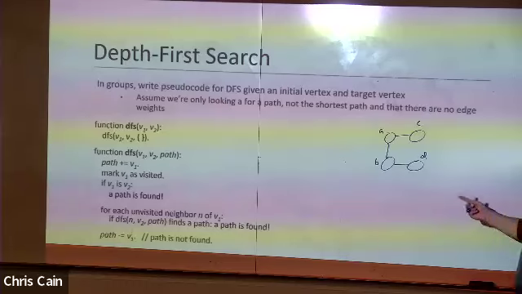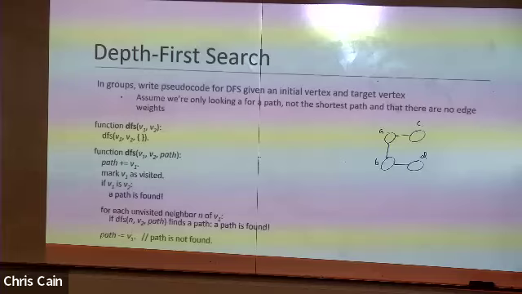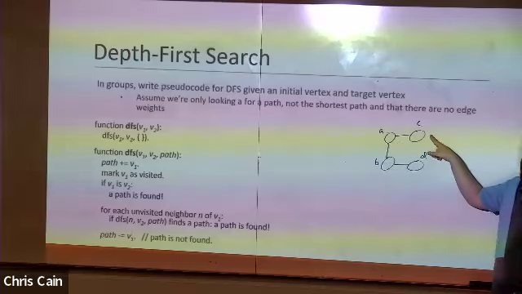So you can't just take a total order of all of the nodes in this graph and assume that you're going to be visiting them in that order. So the expanded order would be A, B, D, C.